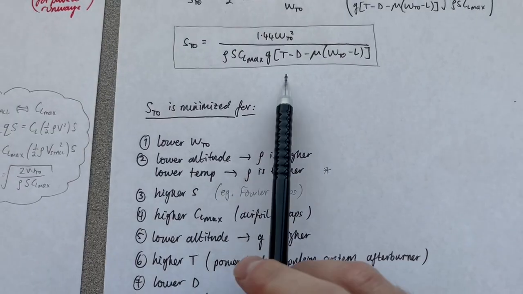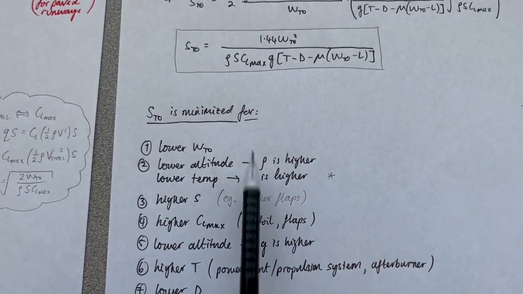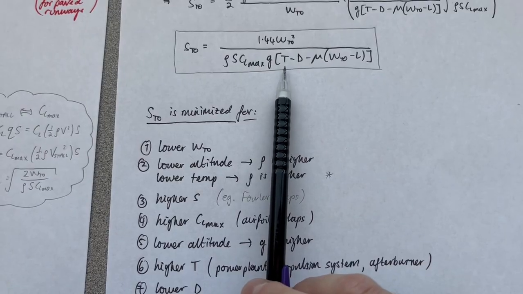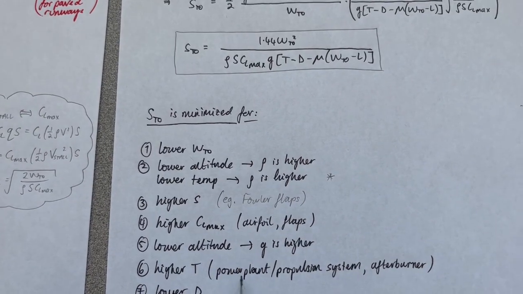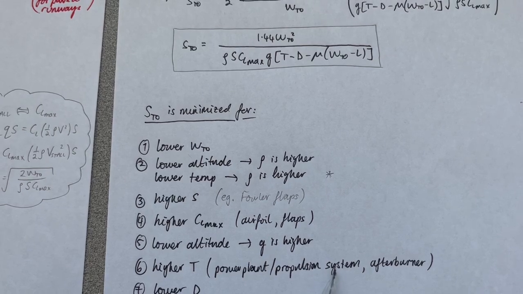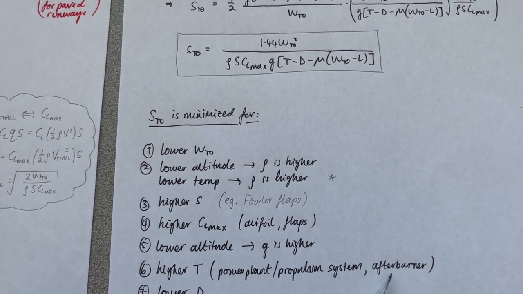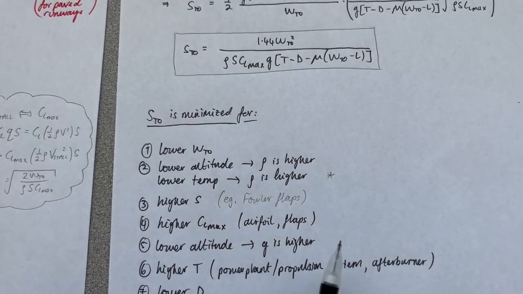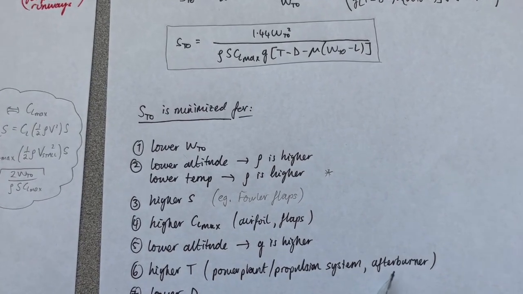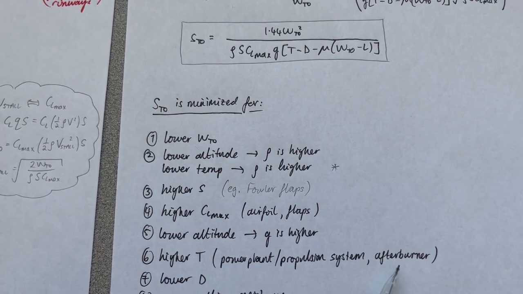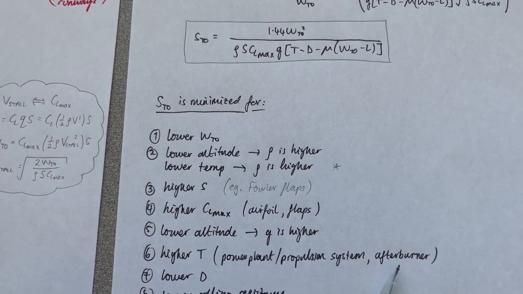And then we're into this kind of bracketed term here. Higher thrust, obviously, will shorten our takeoff distance. So considerations there about the power plant or the propulsion system of our airplane. If we have the ability, we might want to employ afterburners, right, to shorten our takeoff distance. Think about fighter jets taking off from an aircraft carrier, for example, where the distance is severely limited.